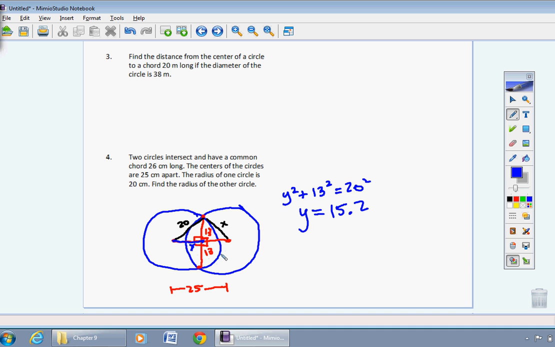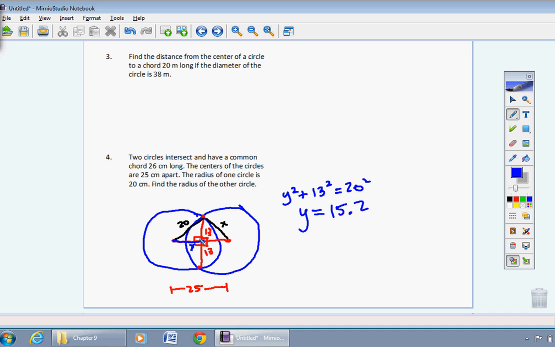Now, one common error is thinking that because the common chord is bisected, the distance between the centers is bisected. That is not the case. Just because the distance between the centers is 25, that doesn't mean this is 12.5 and this is 12.5.